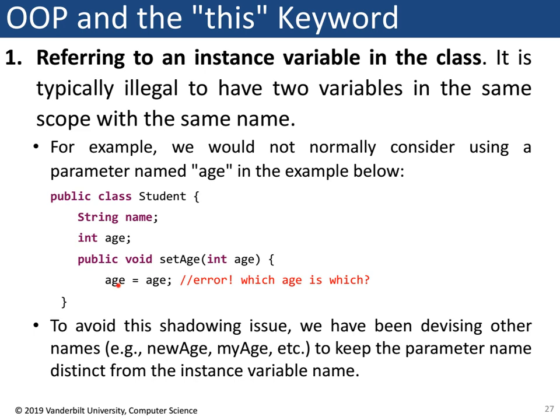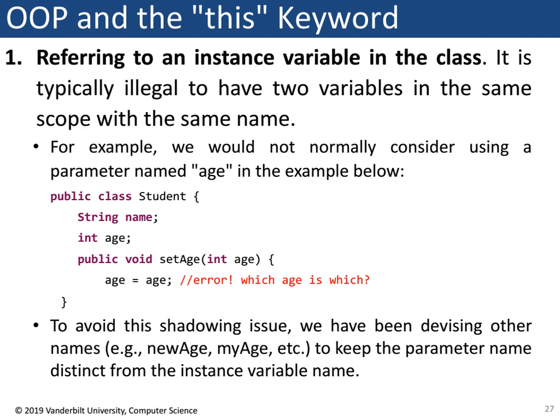If we just use the name age, we're always going to be referring to the parameter inside this method. But maybe we want to have a parameter named age even though we have an instance variable called age. There are legitimate reasons why we'd want to do that. So far we've been negotiating around that problem by using names like newAge or myAge. So instead of using the parameter name age for this method, we've been saying things like newAge.